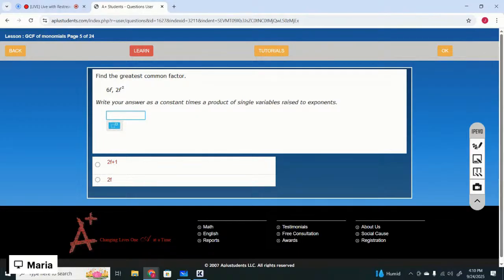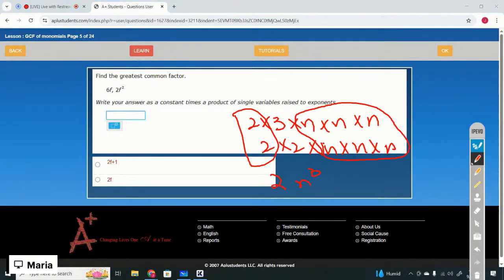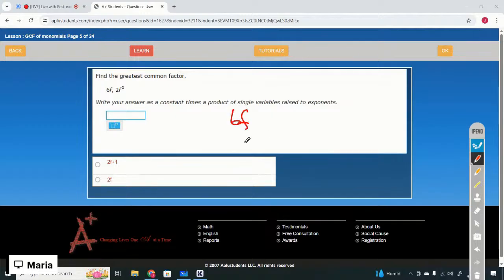Find the greatest common factor. 2 times 3 times f and 2 times f times f.